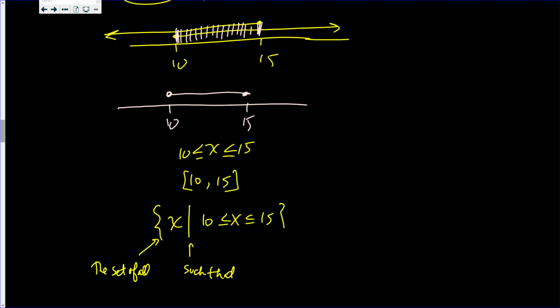So how you read this is: the set of all x such that x is in between 10 and 15, including both endpoints. Do not read the last bracket.